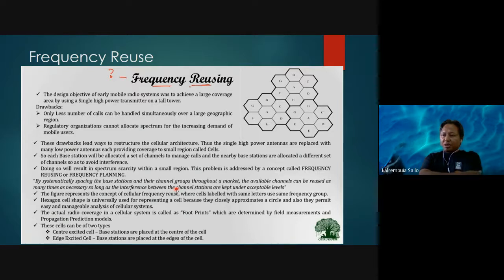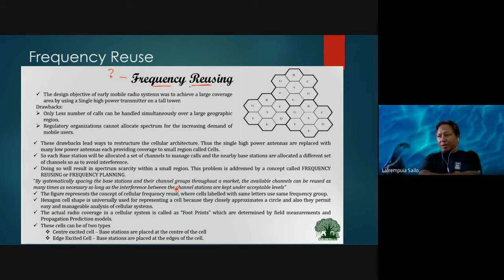So these drawbacks lead to restructuring the cellular architecture. There is lots of demand in cellular technology, and regulatory boards also regulate that the very high power should not be transmitted from a single tower.